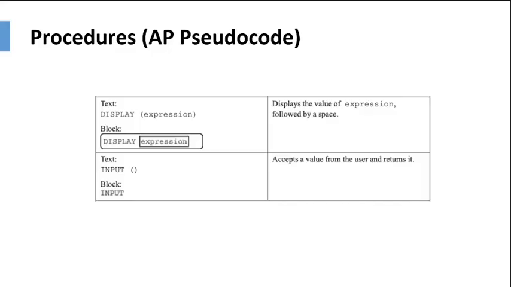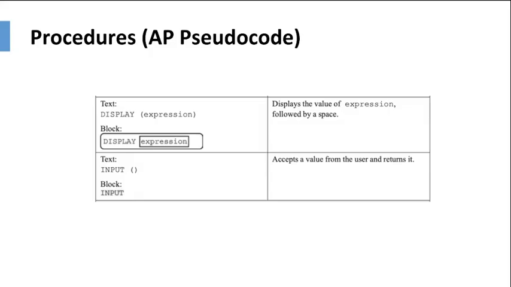Let's get started. One of the ways that programmers help each other out is by writing procedures for each other to use. It means that if one programmer has already written the code to do something, they can package it nicely into one little block or one little command, and then they can publish that as a library of procedures that other programmers can use.